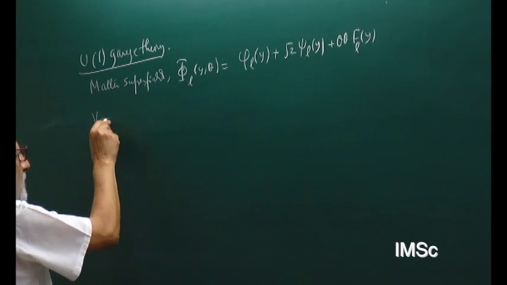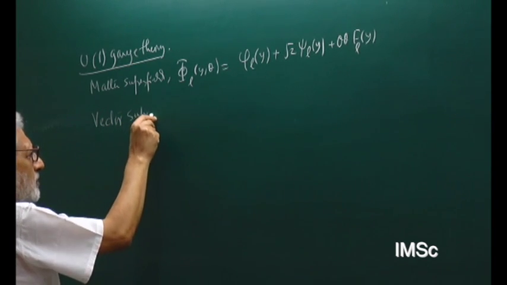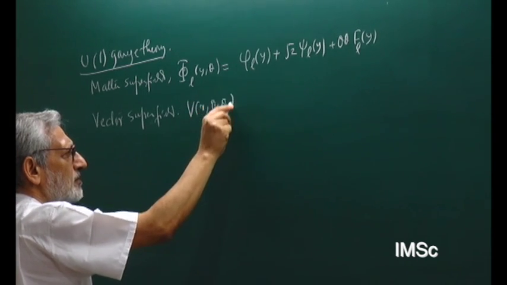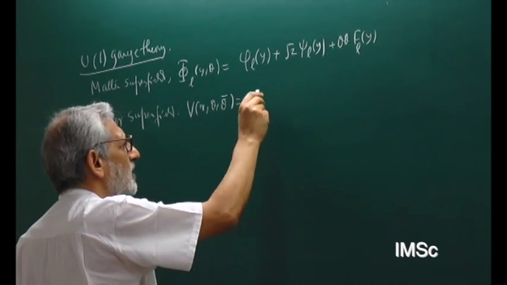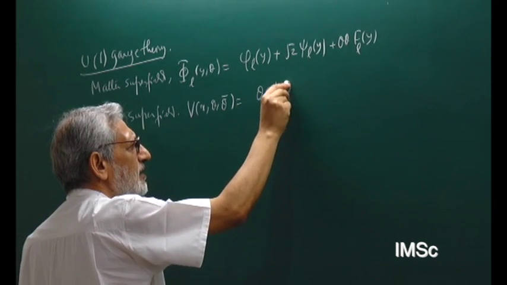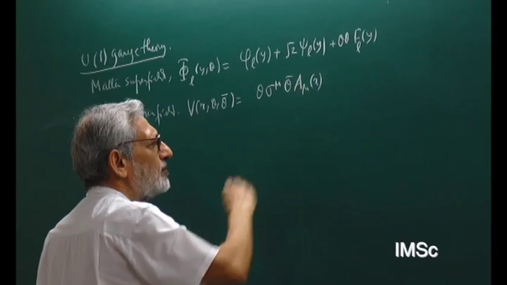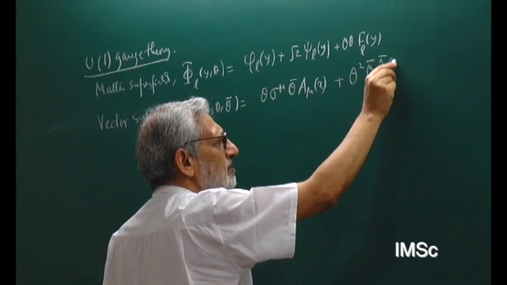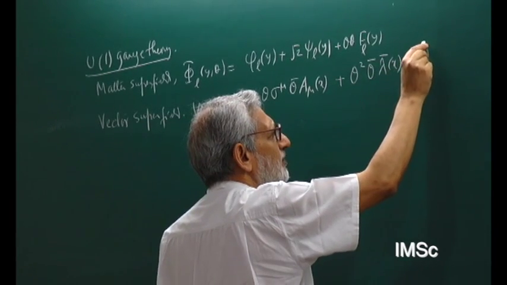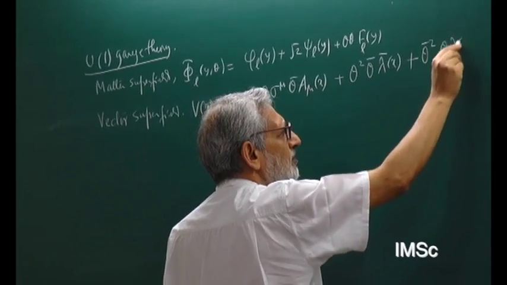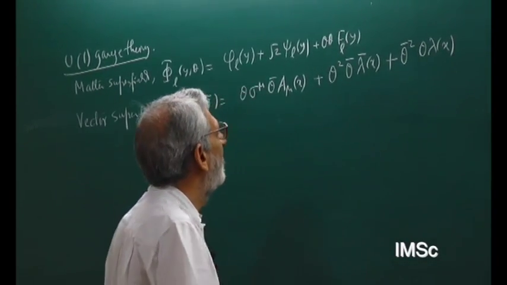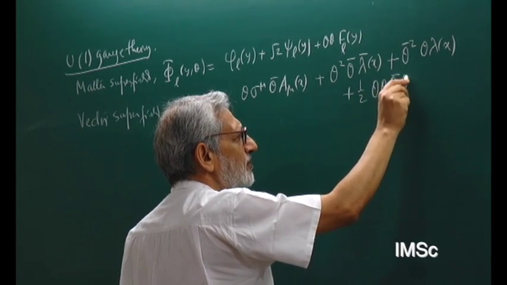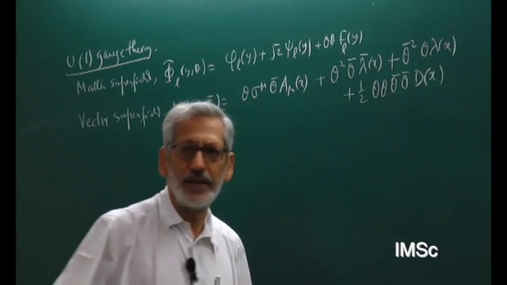And we couple that to a vector superfield with components A_mu, fermionic components lambda, and an auxiliary field D of x.